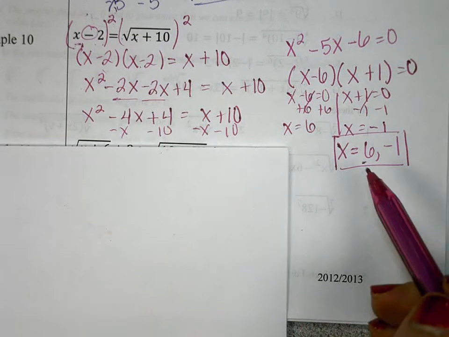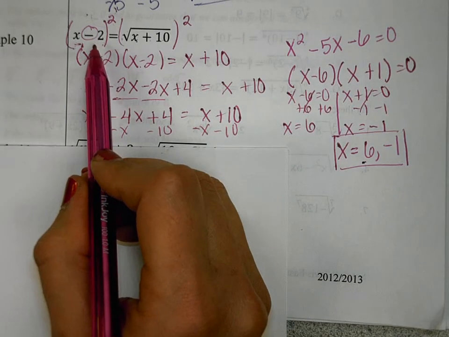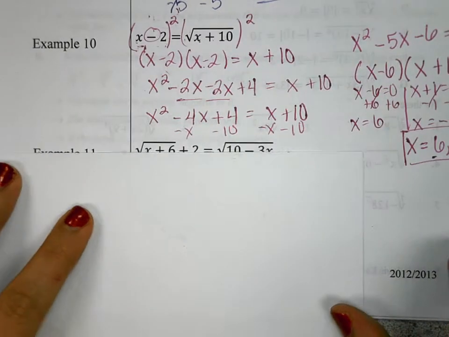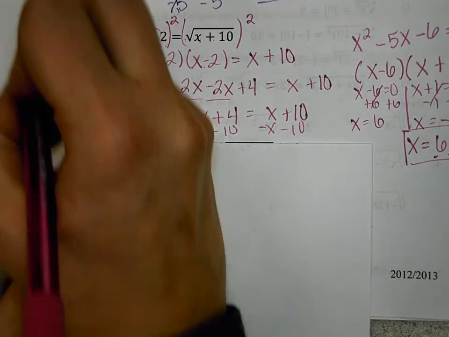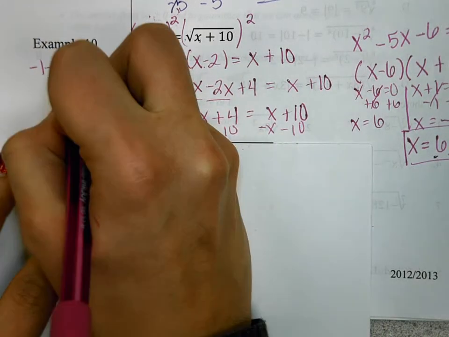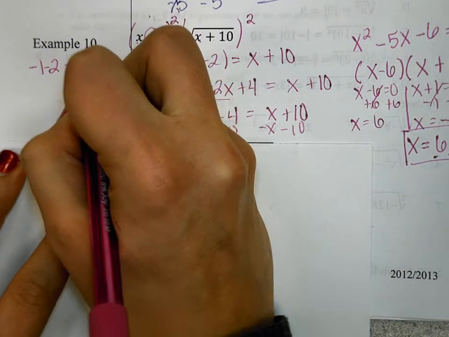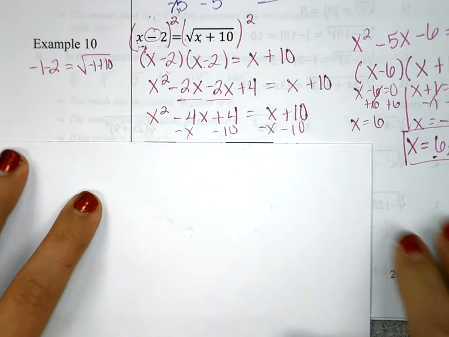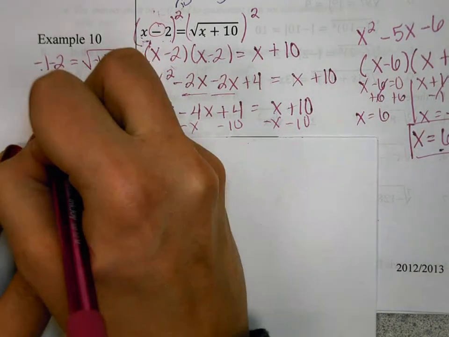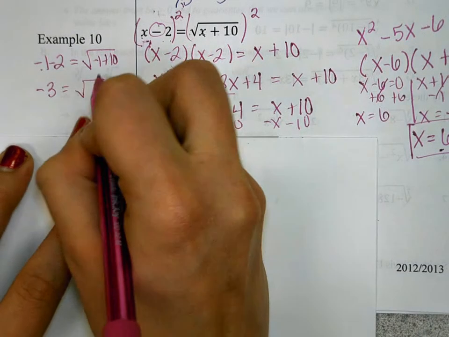If I plug in negative 1, let me write this down, negative 1 minus 2, and we want that to equal the square root of negative 1 plus 10. So let's double check. Negative 1 minus 2 gives me negative 3, and negative 1 plus 10 gives me 9.